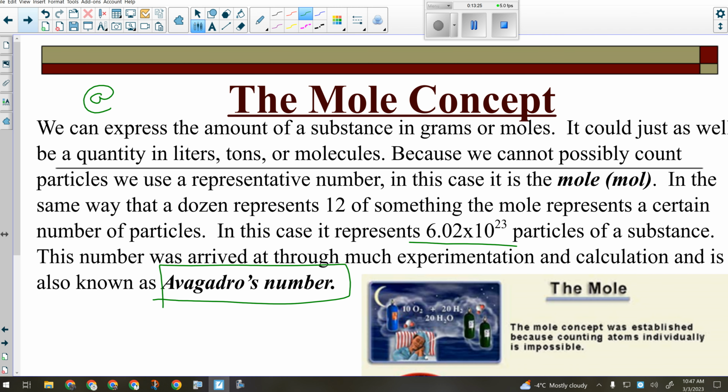Now, I can always calculate the molar mass, or the mass of 1 mole of any material. If it's just an element, I can read it directly off the periodic table. I don't have to do any calculating. If they say you have 1 mole, or what's the mass of 1 mole of calcium? It's 40.08 grams per mole. What if I have a compound?